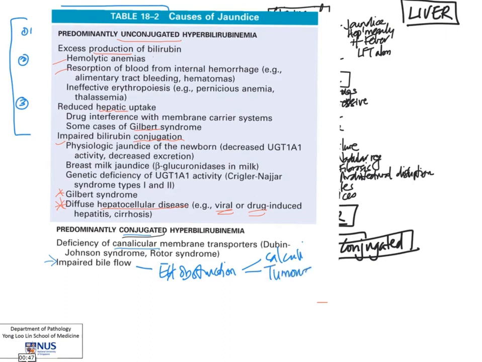So a tumor that can be arising in the bile ducts, for example, or even a non-bile duct tumor such as pancreatic carcinoma. This can arise in the head of the pancreas. It can then compress on the common bile duct as it passes through the head of the pancreas and give rise to biliary obstruction. Therefore, you have this accumulation of conjugated bilirubin because the bile ducts cannot excrete it into the gut.